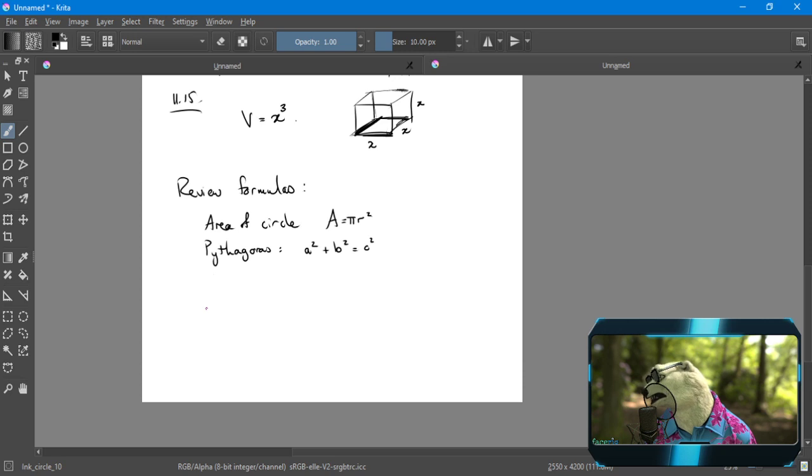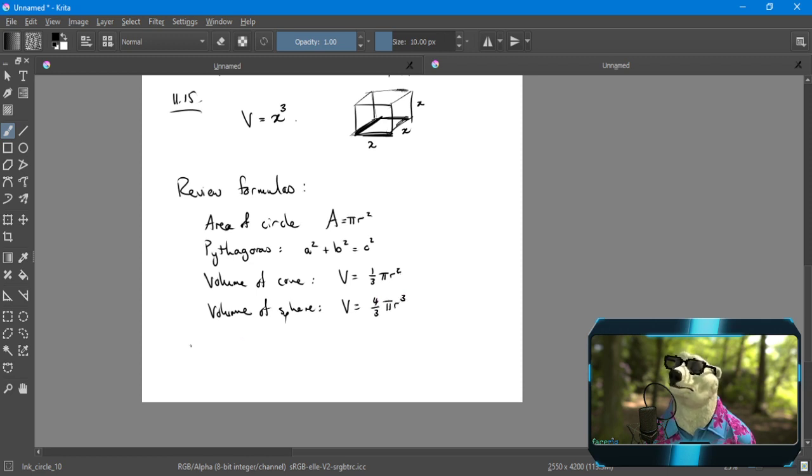Volume of a cone, which is a third pi r squared. Then we have volume of a sphere, which is 4 over 3 pi r cubed. And then we have volume of a cube, which is side length cubed.